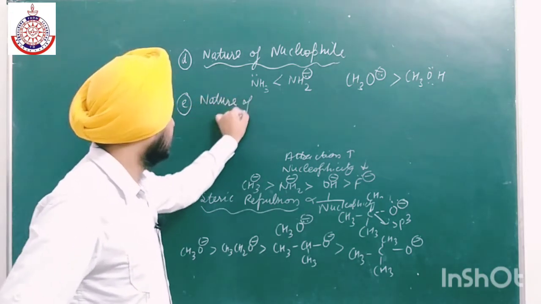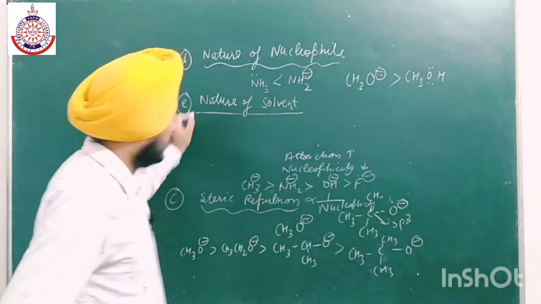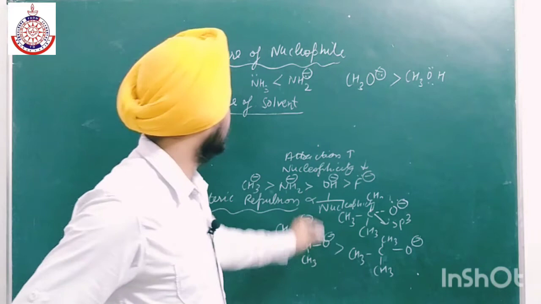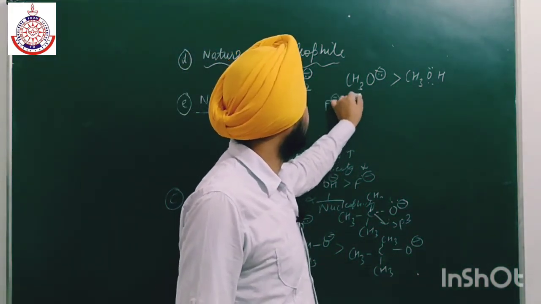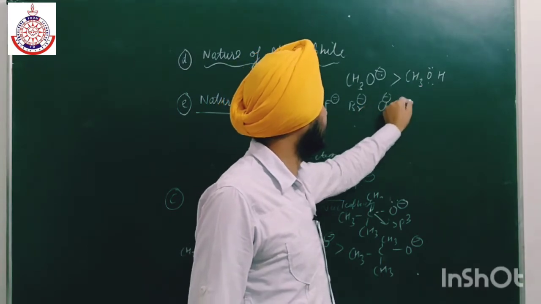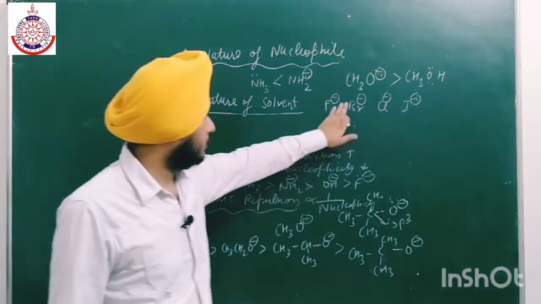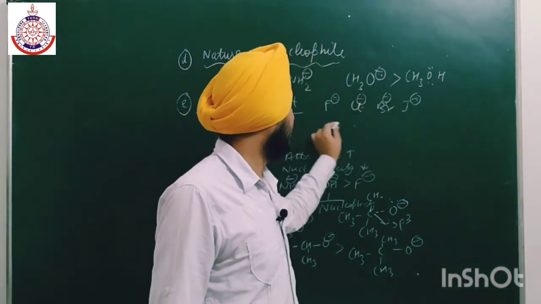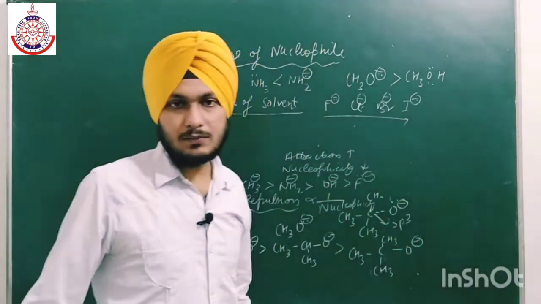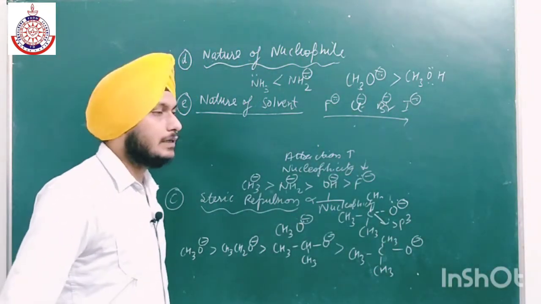Nature of solvent. I am taking the example of the halogen group, like F negative, Cl negative, Br negative, and I negative. As we go from top to bottom, the size of the atom will increase.